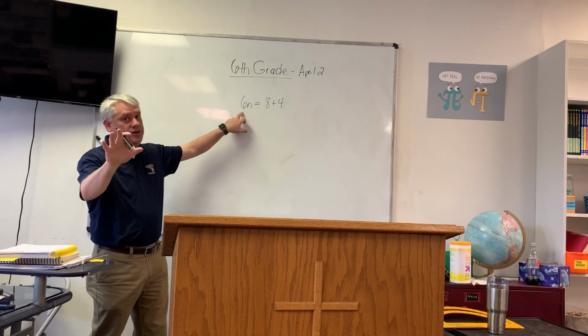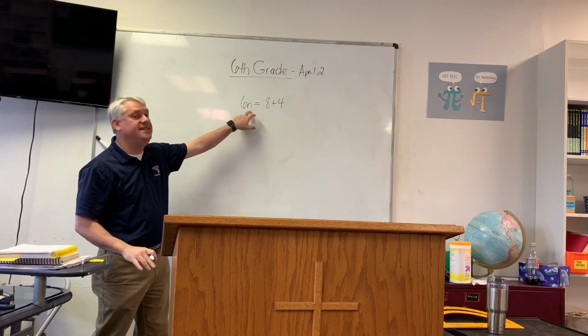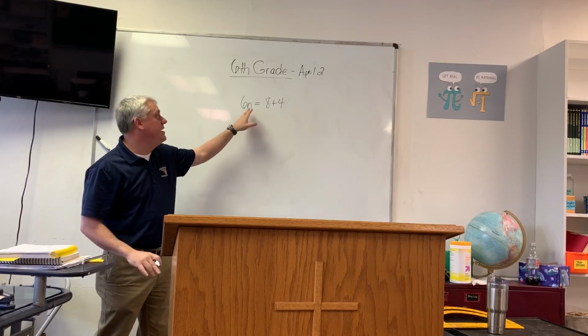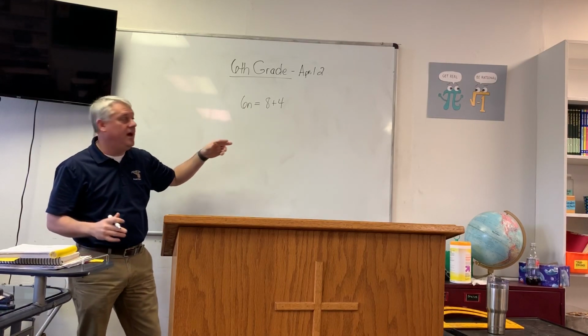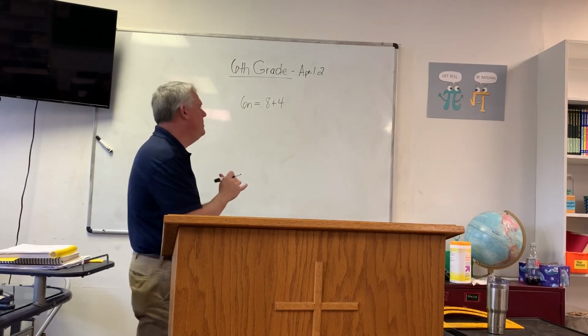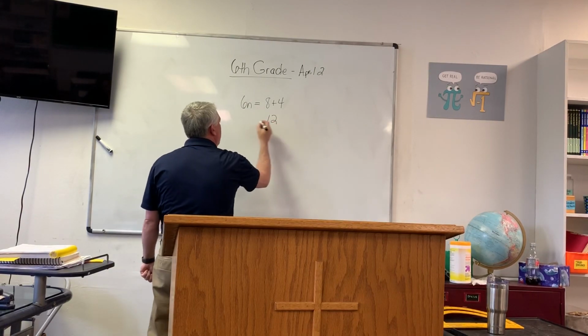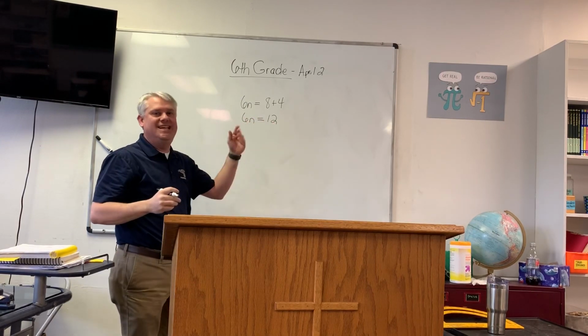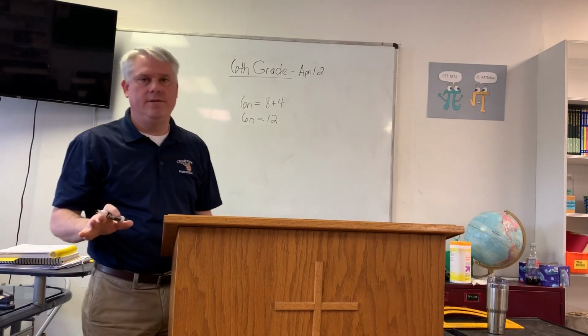And remember what we learned in the last lesson, 6 beside the n means 6 times n. Can I multiply 6 times n? No, I cannot. Can I add 8 plus 4? Yes. So that's what I want to do next. 8 plus 4 is 12. I rewrite the equation. Now I have 6n equal to 12. All right?